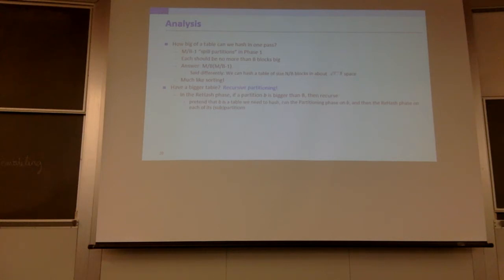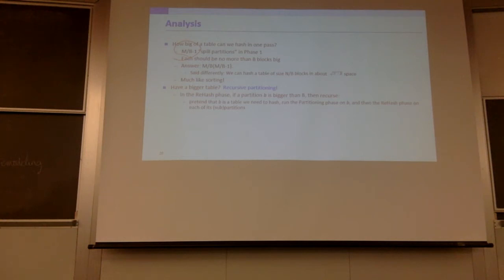So then, how big a table can be if we just want to do one pass? One pass is basically you do one repartition and then read the partition and do your rehashing again. Okay, that's one pass. So how big a table can be if we want to do everything in one pass as we described before? Remember in phase 1, we have M over B minus 1 partitions, right?